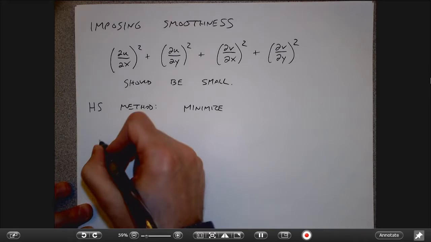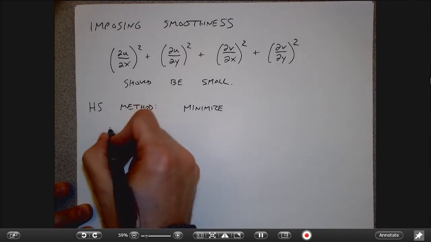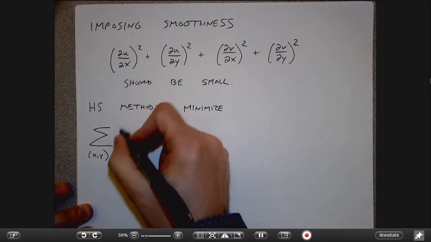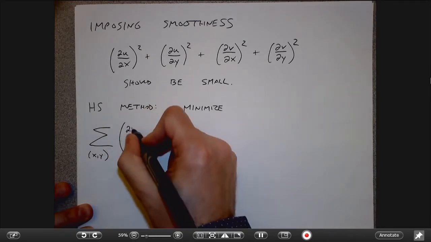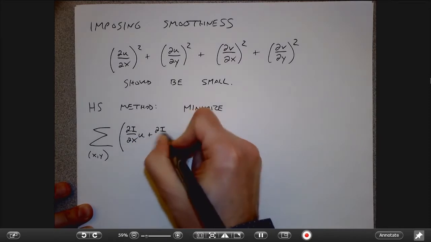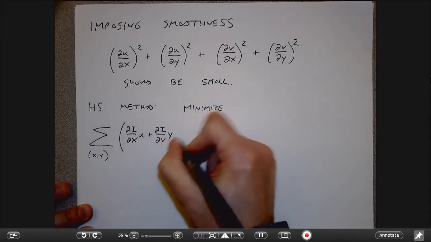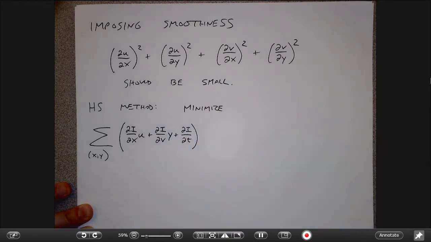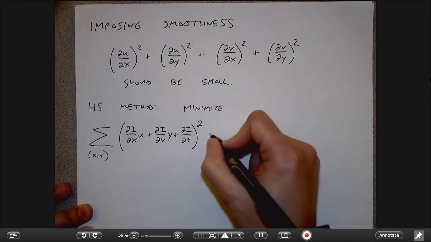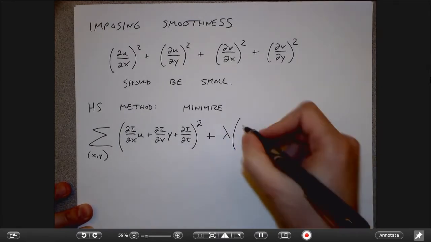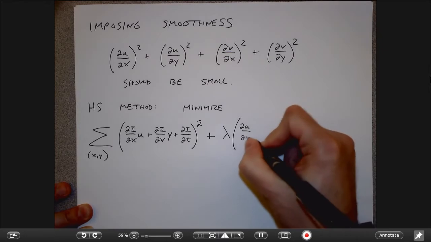I have a cost function over all the pixels in the image: I take this number, which is related to how well the pixels fit the brightness constancy assumption, and then I add some factor times this number.